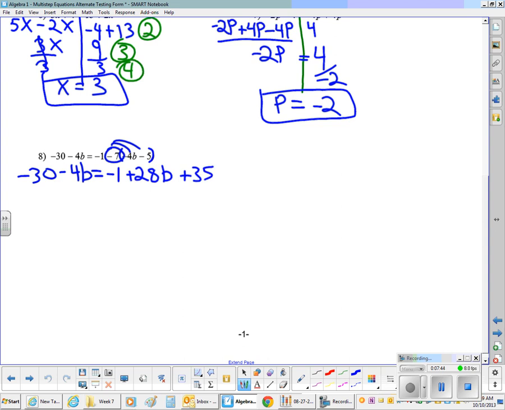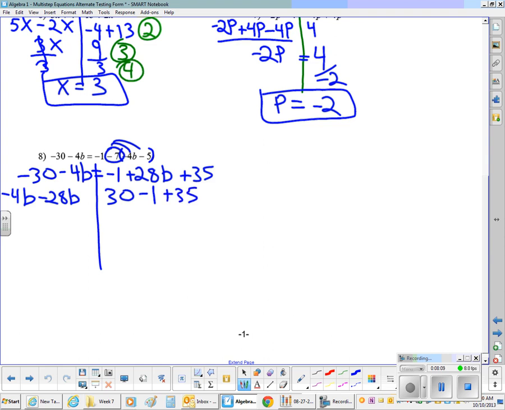Now I can go to my 4-step cross-line change the sign process. Step 1, draw the line. Step 2, sort the terms. Negative 30 becomes 30. Negative 4b stays. Negative 1 stays. 28 becomes minus 28b. 35 stays.